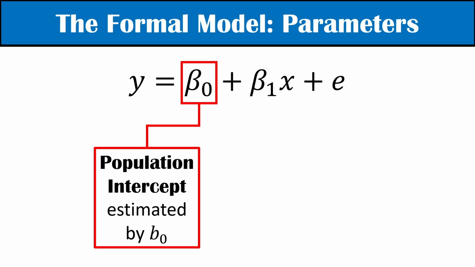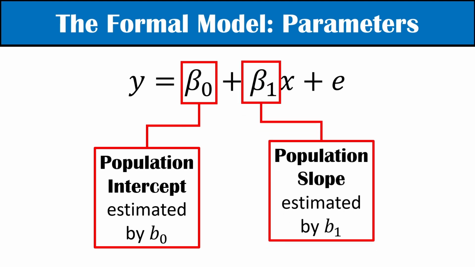It's estimating a population intercept, an unknown population intercept. Likewise, there's beta 1. That's a population slope estimated by B1. So beta 0 is estimated by B0, beta 1 by B1. Beta 0 is a population intercept. Beta 1 is a population slope. These are unknown, and we estimate them from data.